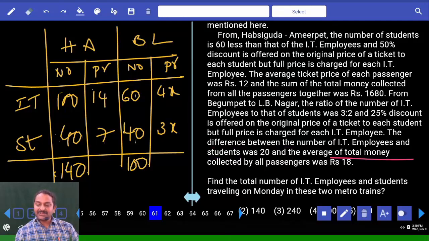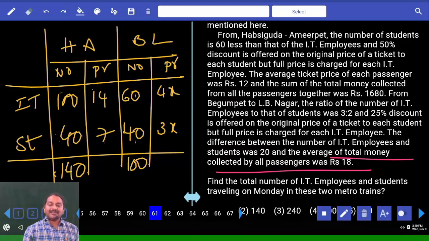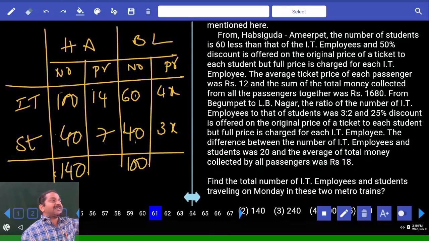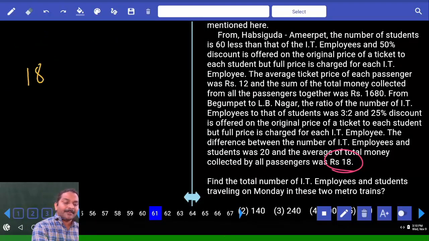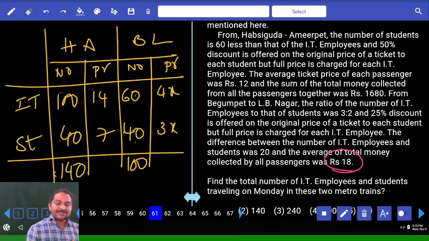The average of total money collected by all the passengers is 18. How many passengers are there? And for average equal to 18, the total becomes 1800, which must be equal to amount collected from IT and then students.